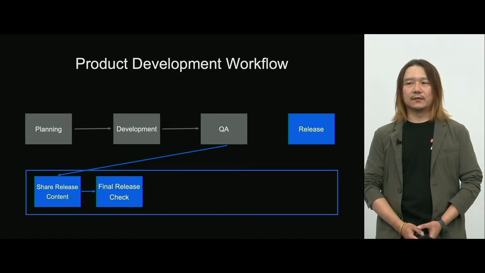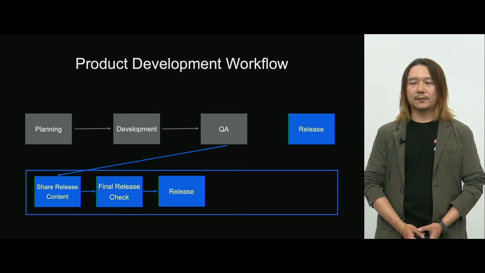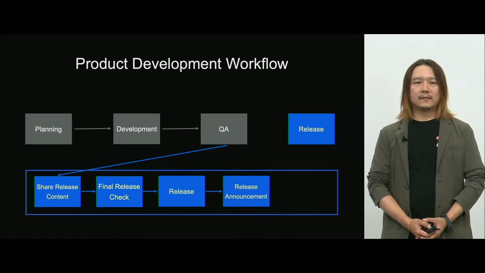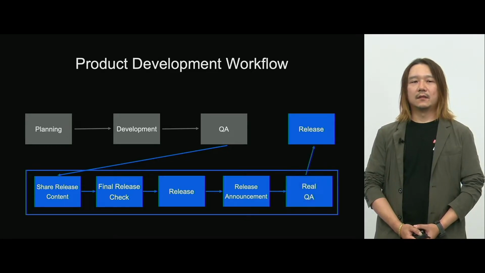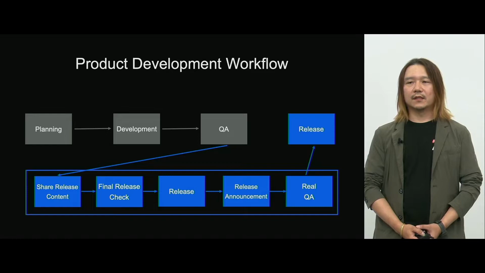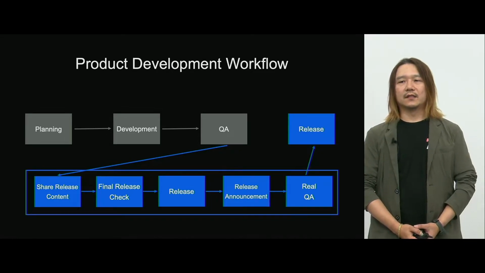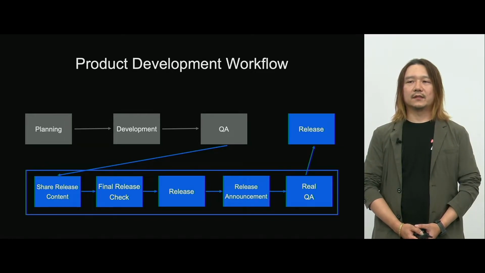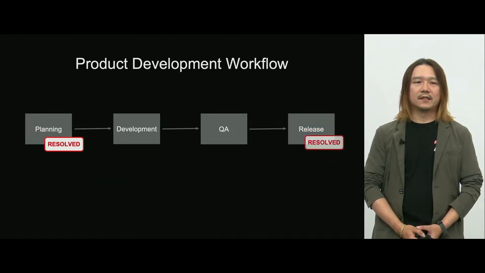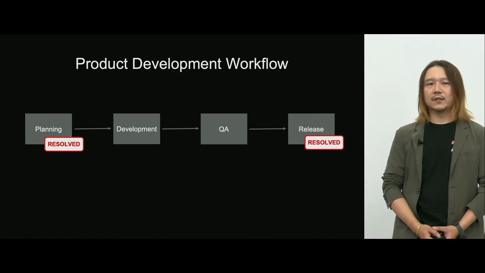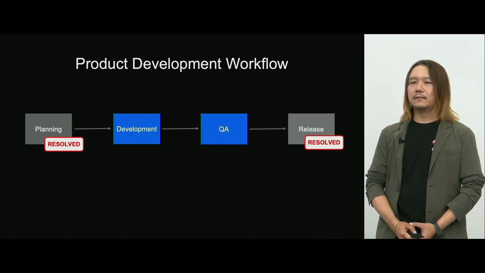The product manager does a final check, and then we release. The fact that it was released is announced to relevant teams, and we conduct QA in the production environment. If there are no problems, the release is over. So the release phase is also resolved.